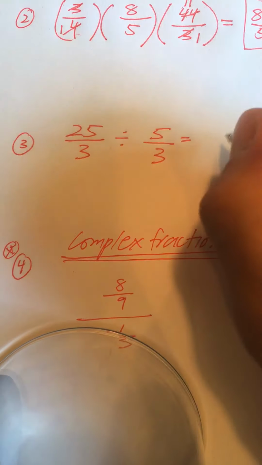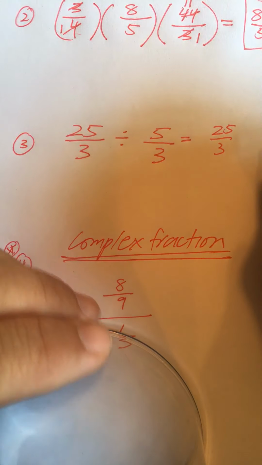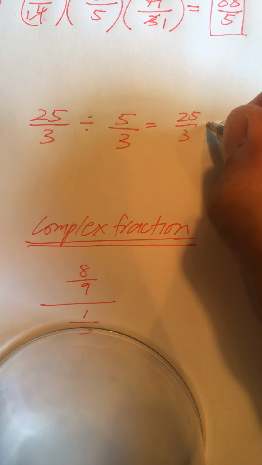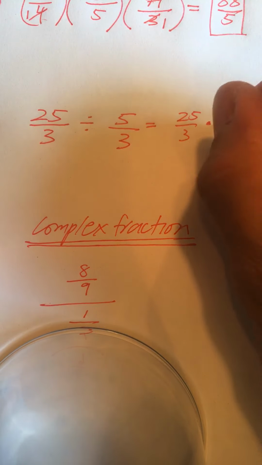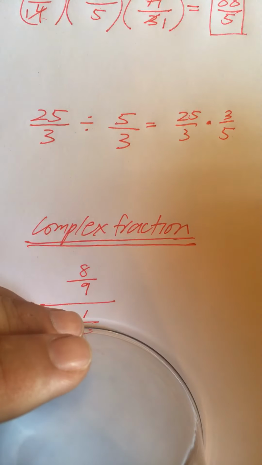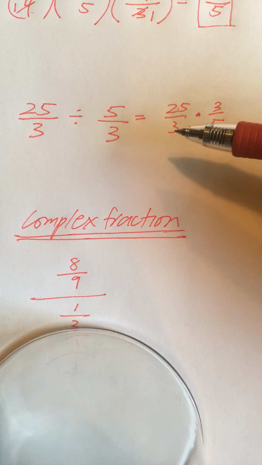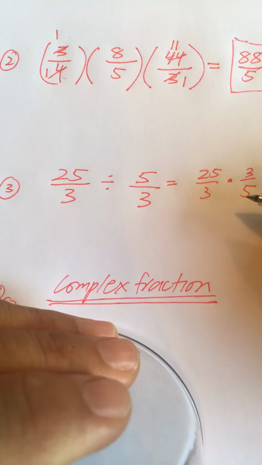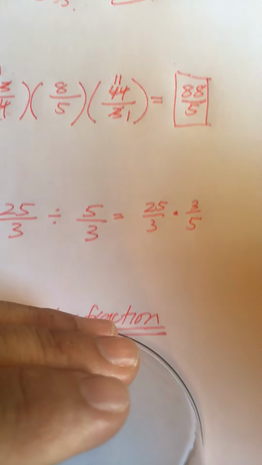So we're going to rewrite this problem as 25/3. The division symbol is going to become multiplication, so I'll use a raised dot. And the reciprocal of 5/3 is 3/5. All right, and now we're going to be multiplying these fractions together. And like what we just said above, the rule of thumb is that we are going to want to simplify, then multiply.